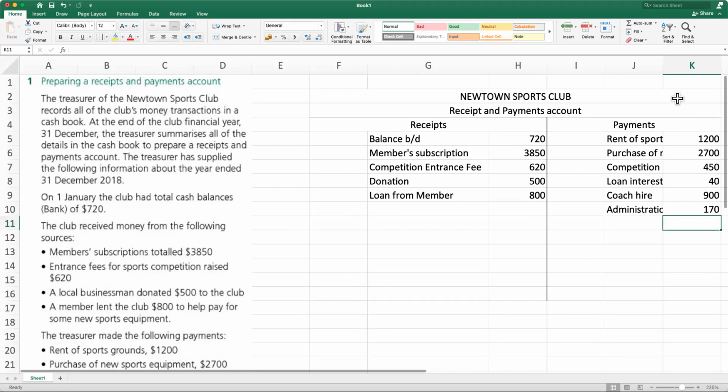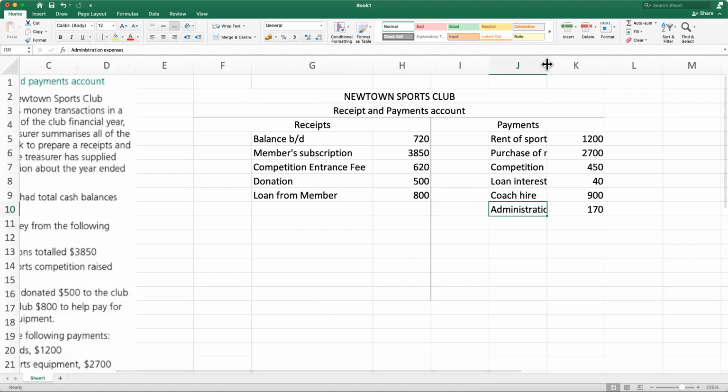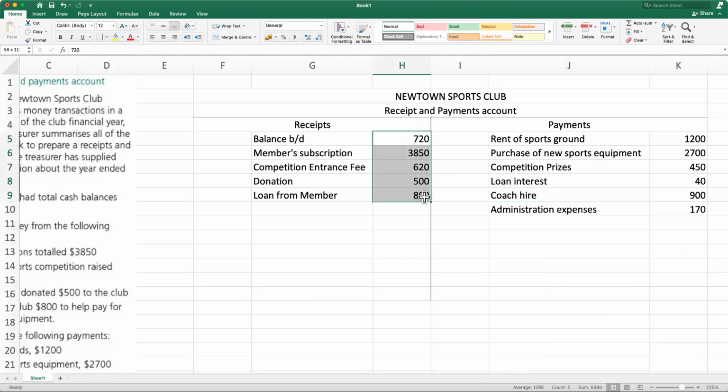And that's it. So now what we need to do here is calculate what the balance is. You see the total here is 6,490. So definitely 6,490 over here. And then the total here will be 5,460.